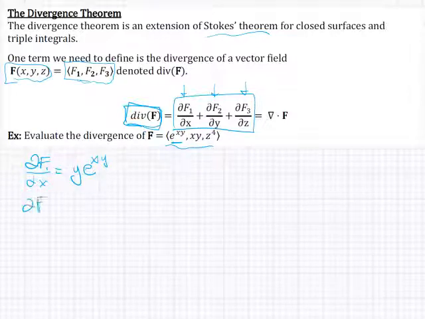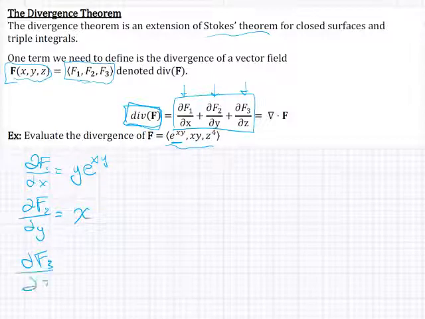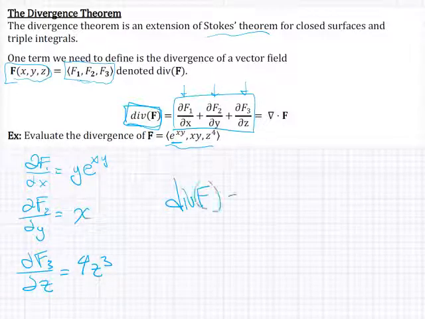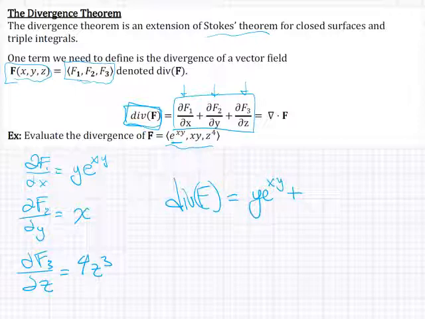Then we take the partial derivative of F2 with respect to y, and that would just give me x. And then we take the partial derivative of F3 with respect to z, and that would give me 4z to the third. So then the divergence of F would just be the sum of these three things. So y e to the xy plus x plus 4z cubed.